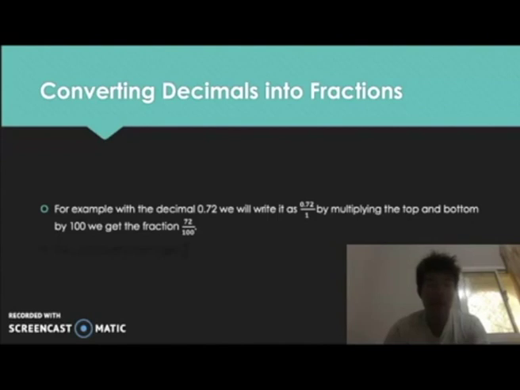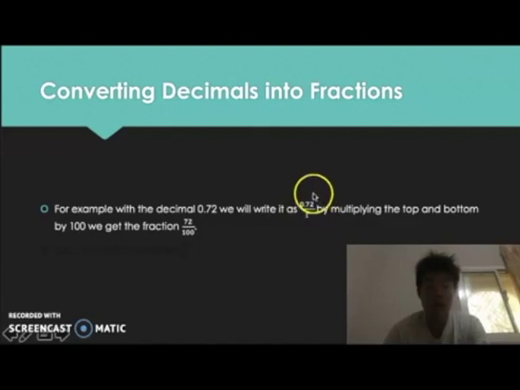So we have the decimal 0.72, and if we want to write this as a fraction, we can write it as 0.72 over 1. Then we can multiply the top and the bottom by 100, so we get the fraction 72 over 100. Now, we do not always multiply by 100. The reason we multiply by 100 this time is so that we can make 0.72 into a whole number.